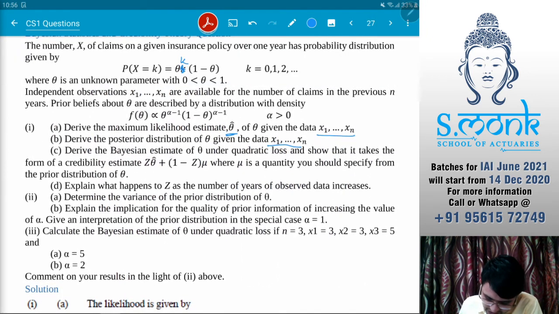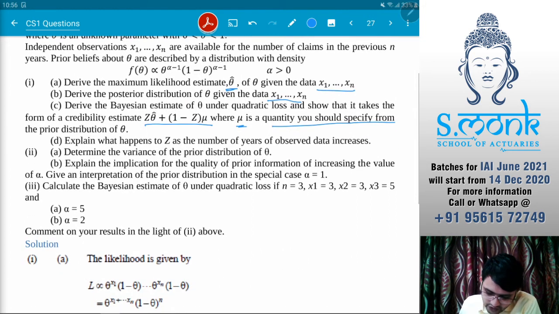Now derive the Bayesian estimate of theta under the quadratic loss and show that it takes the form of this credibility estimate, where mu is the quantity you should specify from the prior distribution. So we want to derive the Bayes estimate under the quadratic loss function. So under quadratic loss, it's just the mean of theta given the sample of x.